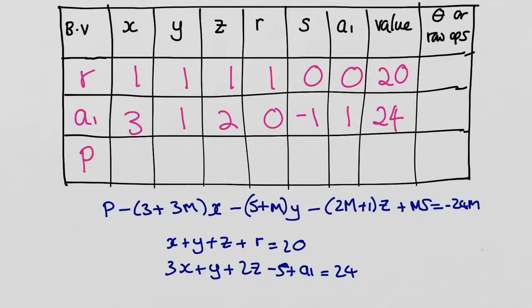Just the thought of it. So, negative 3 plus 3m, negative 5 plus m, negative 2m minus 1, naught, m, naught, and that gives you 24m. At the moment, I am absolutely cursing the person who came up with this big M method.